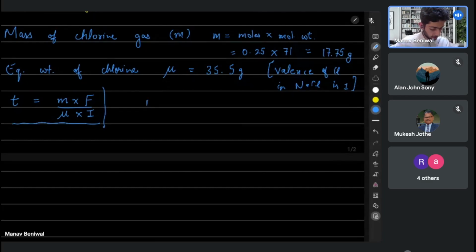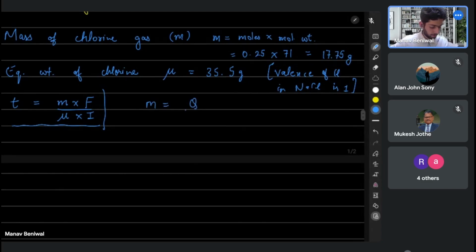So in the lectures, we wrote the mass deposited is Q times mu by F upon nu. So this was valency, right? And this F is Faraday and this is Q. So now I have just substituted the charge as current multiplied by time, right?